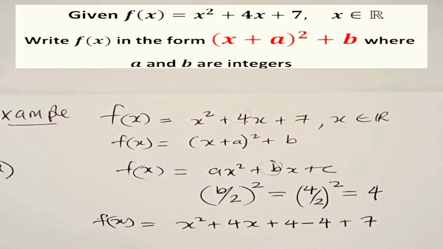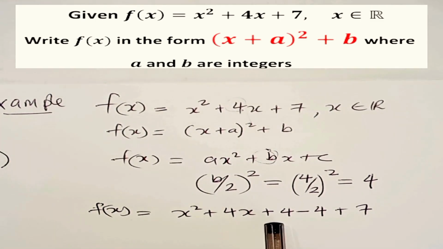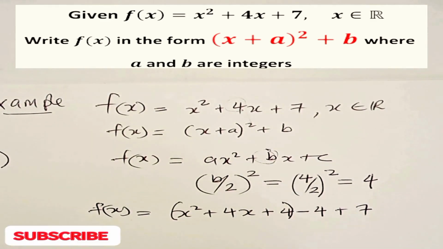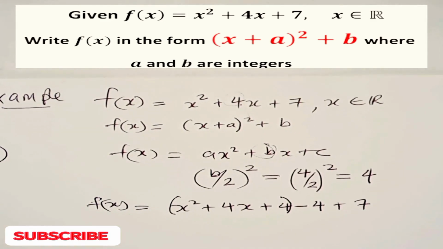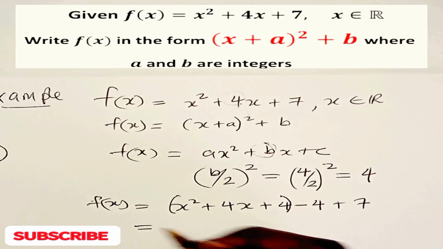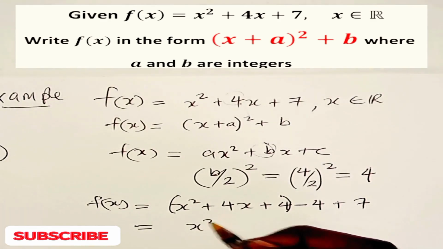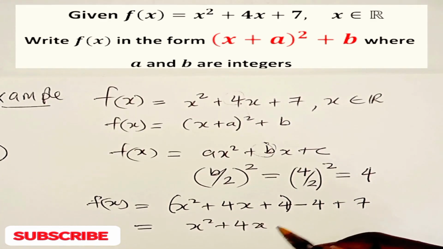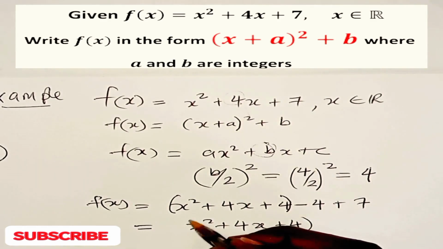All right. And then we've got two 4s. One is positive, the other one is negative. So I want you to enclose the one that is positive with all these, and the one that is negative goes with that constant. So we say f(x) is equal to x squared plus 4x plus 4.